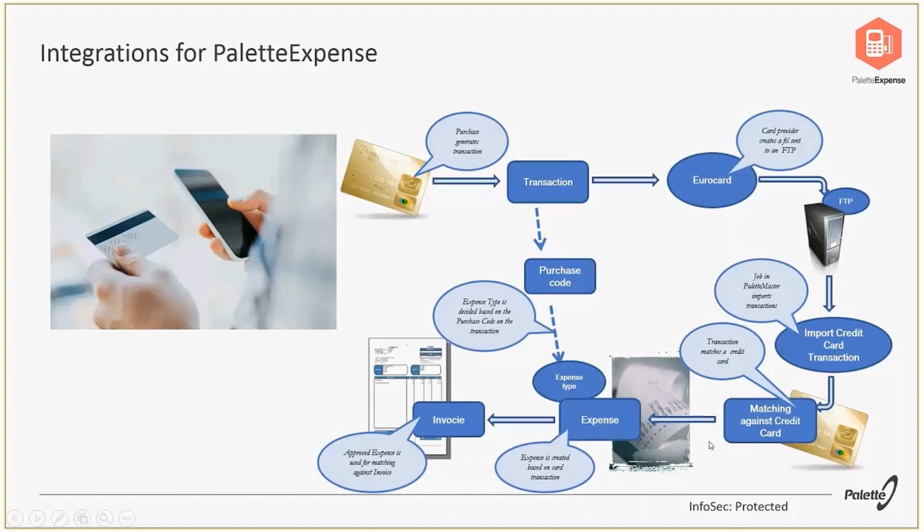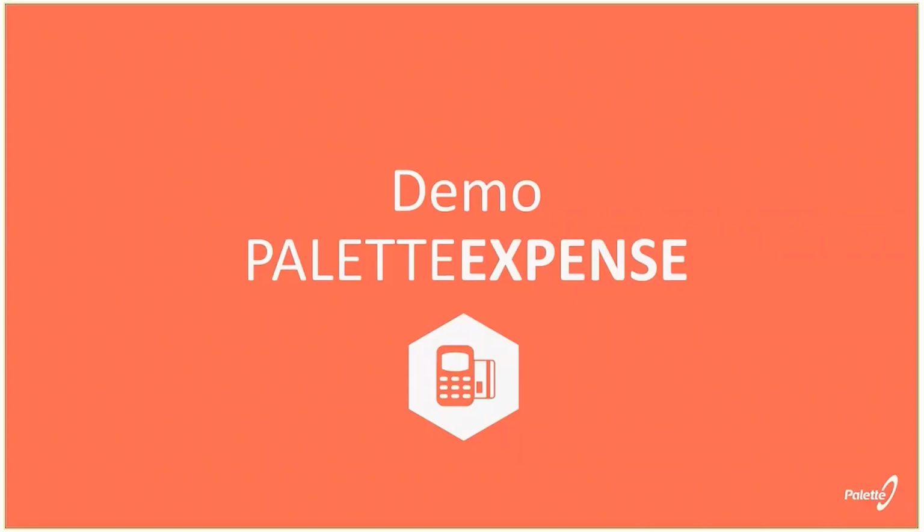And then when I go in and create my expense report, I can use those transactions to make the expense report easier. And then the invoice will come from the card company, and either I or the company will pay that, depending on what type of card it is. So that's a little bit about what Palette Expense is and the challenges that the company could have.